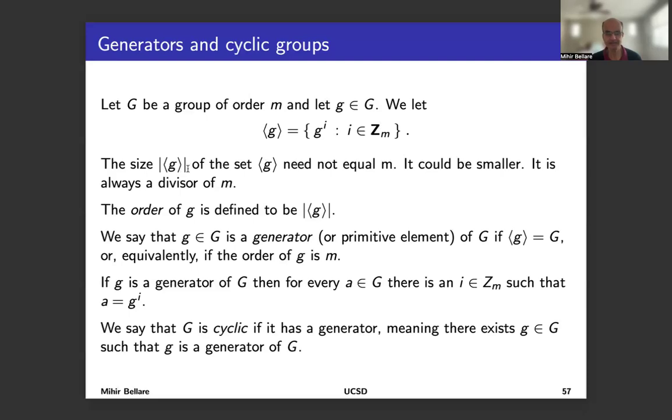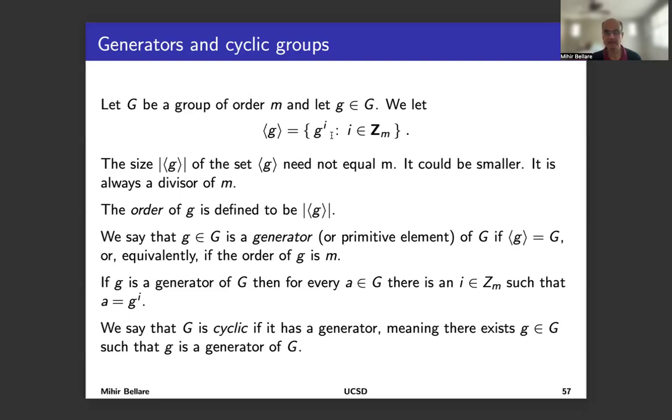Now, as a set, it has a size, and this notation would return the size. Looking at this description, you might think that since there are m values for i, the set itself has size m. But that's actually the maximum size it could have. It could be smaller because maybe some of these g to the i's are the same.